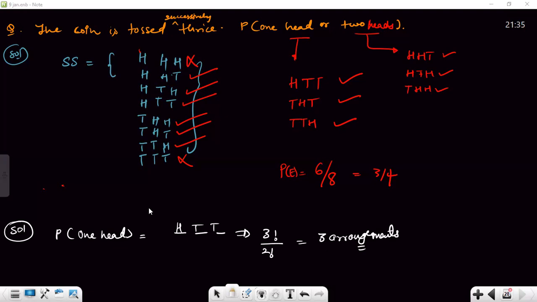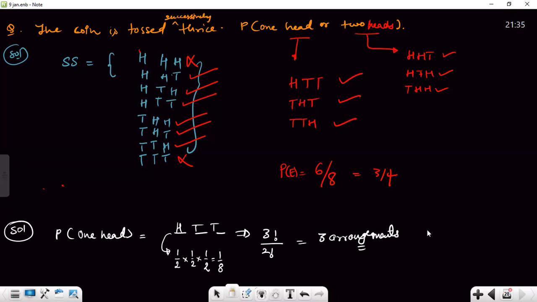Now let's find out their probability. Probability of getting a head is half. The probability of getting tails is also half. So its probability is 1 by 8. With 3 arrangements, this can happen thrice.